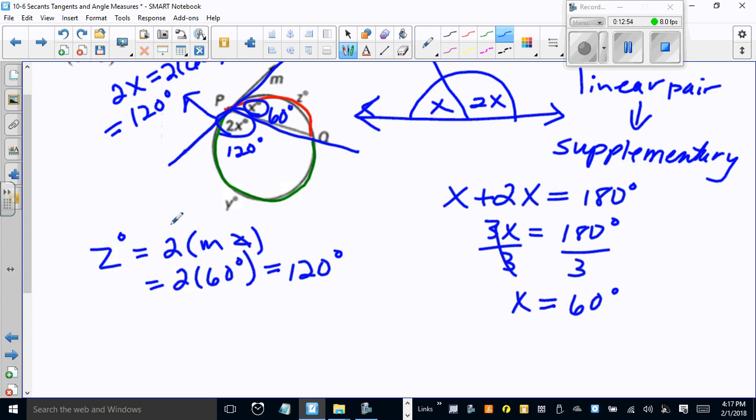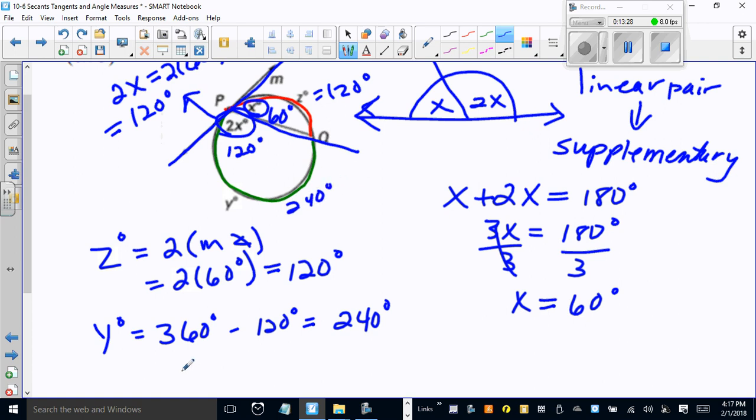Then, since I know the whole circle is 360, to find the measure of arc y, it's going to be 360 for the whole circle minus 120, which is for the part over here, because z is 120 degrees. So we're going to get 240 degrees, which is this part over here.